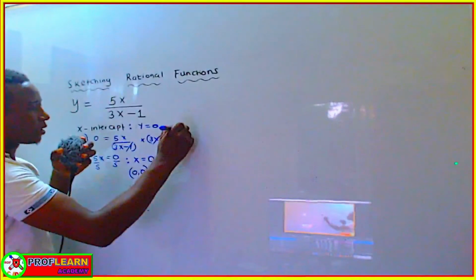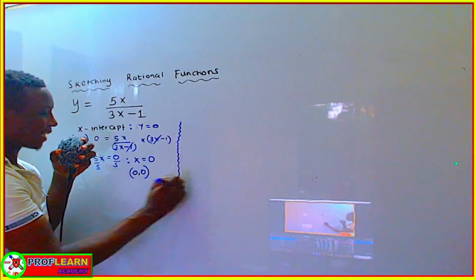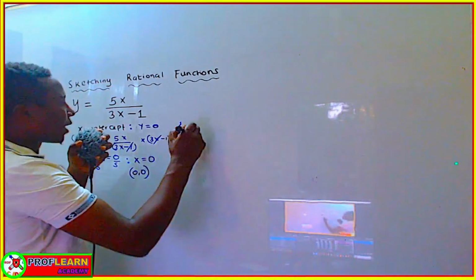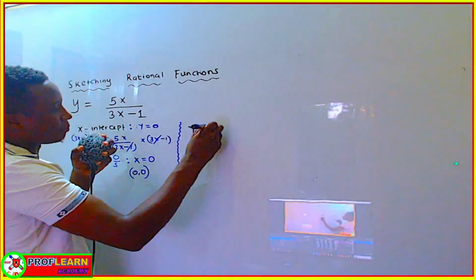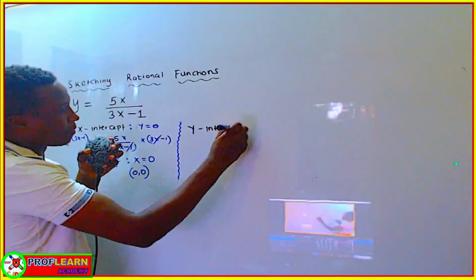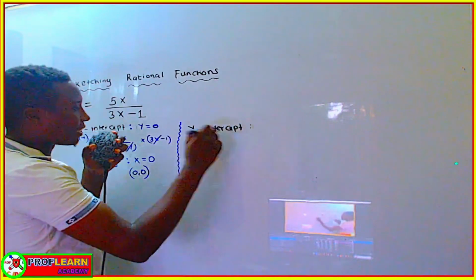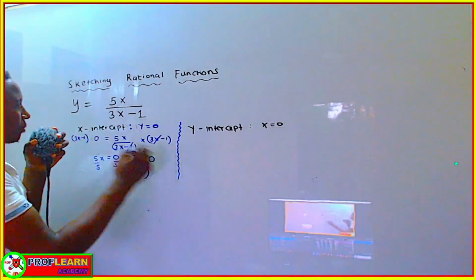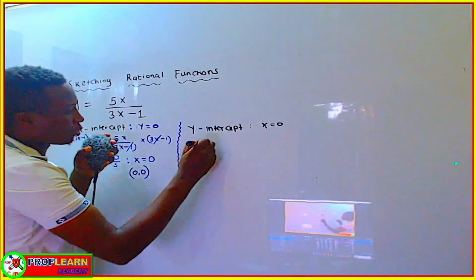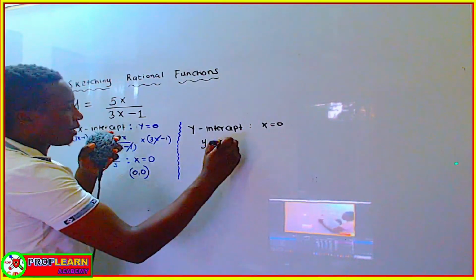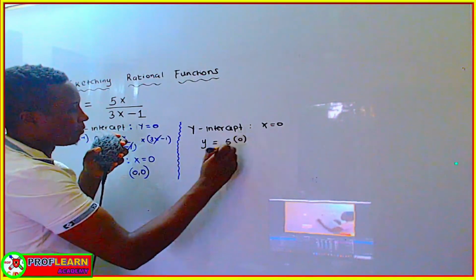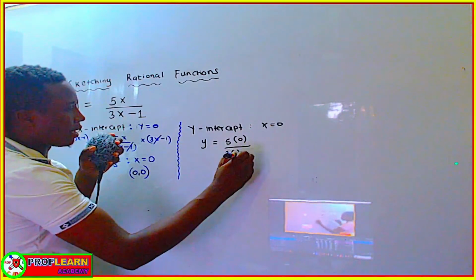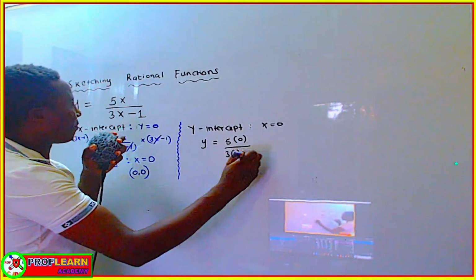Now, the next thing that we need to know before we start sketching this graph is determining the y-intercept. At the y-intercept, x is always equal to 0. So for us to find the y-intercept, y is 5 times 0 over 3 times 0, minus 1.